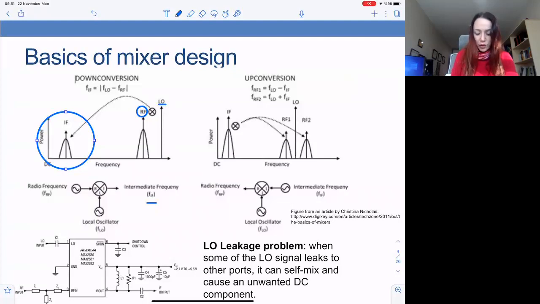To down convert, you use a local oscillator that is larger than the RF signal, and then the difference is going to be F_IF.